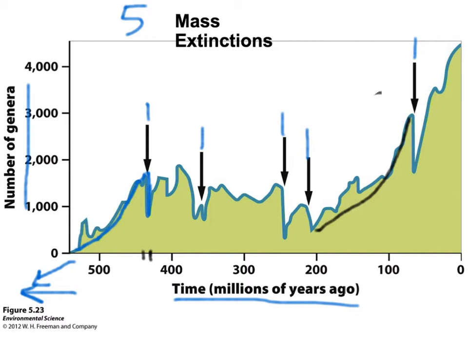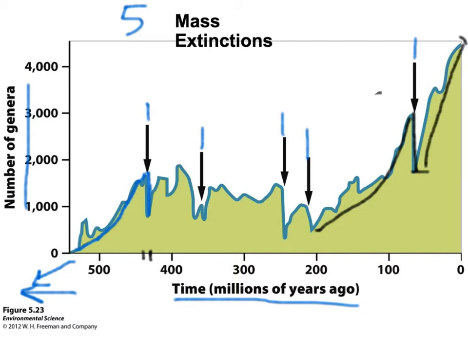A mass extinction event opens up a whole lot of niches and changes the global vegetation and all sorts of things, which makes available new niches for species to fill, and so you have an increase of speciation after a mass extinction event. After each mass extinction, you see an increase of speciation through time.